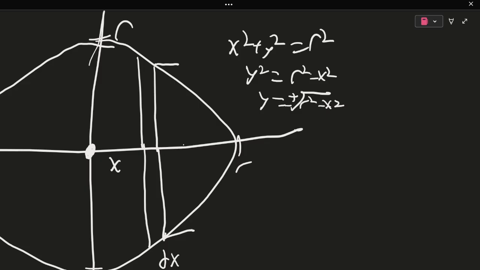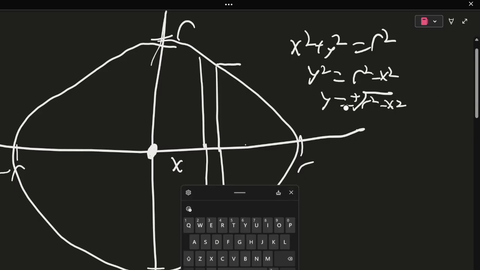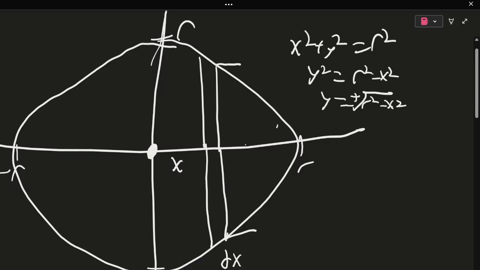And then by plugging in points, we know that our top region, the region above the x-axis, is generated by the positive function, square root of r squared minus x squared. And the bottom region, the region below the x-axis, is represented by negative square root of r squared minus x squared.